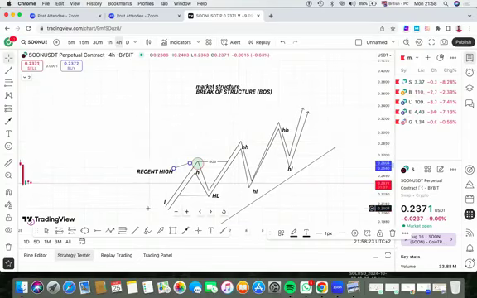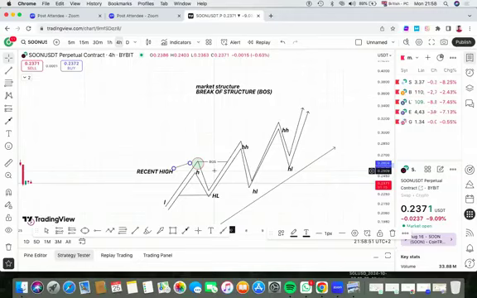And this is how market structure forms, because you continue to see break of structure to the upside, if you continue to take out the recent high. For you to have a confirmation, last time when we were talking about support and resistance, we talked about having a confirmation that the market broke structure.